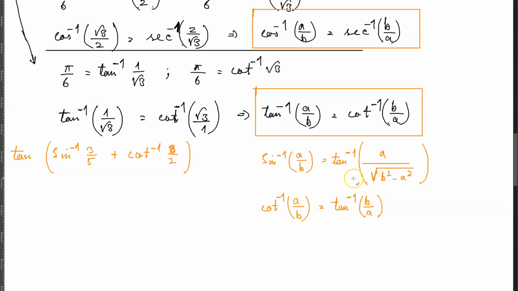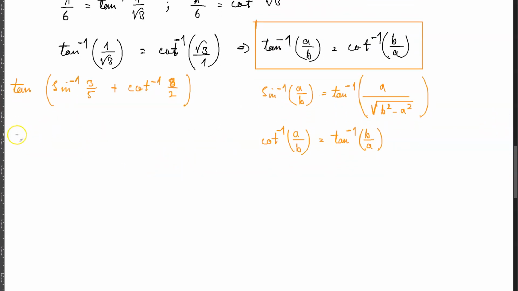Okay, B by A. So now I can write this as the tan of the sine inverse of 3/5. The sine inverse of 3/5, I can write as the tan inverse of A, which in this case is 3, over the square root of B squared minus A squared, which is 5 squared, which is 25, minus 9.